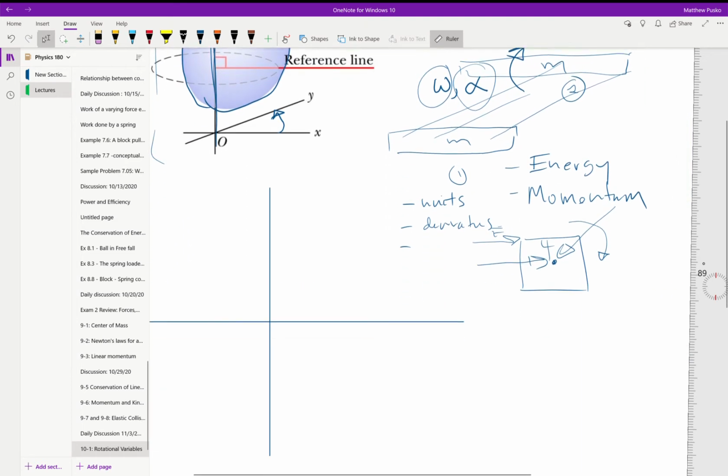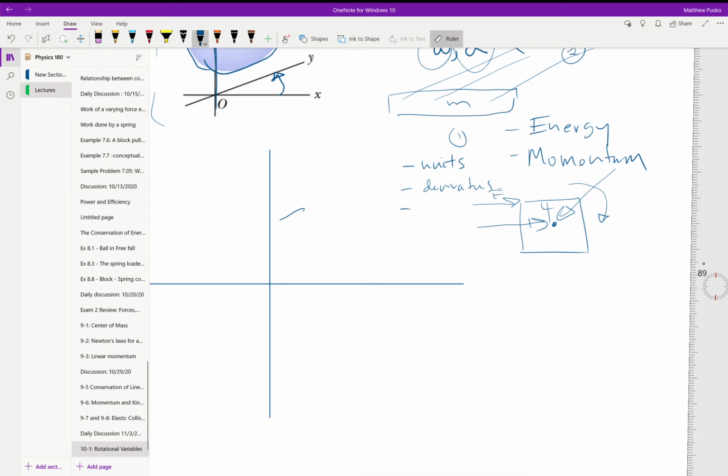So let's start defining some of this stuff. Let's take this blob that we're looking at, and this is y and this is x. It's rotating about this axis right here. Let's say that we want to look at some point on the object.